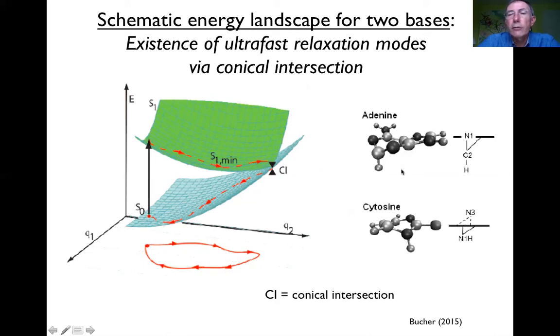So from a computational point of view, you can do the computation separately, but from a conceptual point of view, what the electron does and what the atoms do are two different worlds and two different things. Well, conical intersections are when the Born-Oppenheimer approximation actually breaks down.